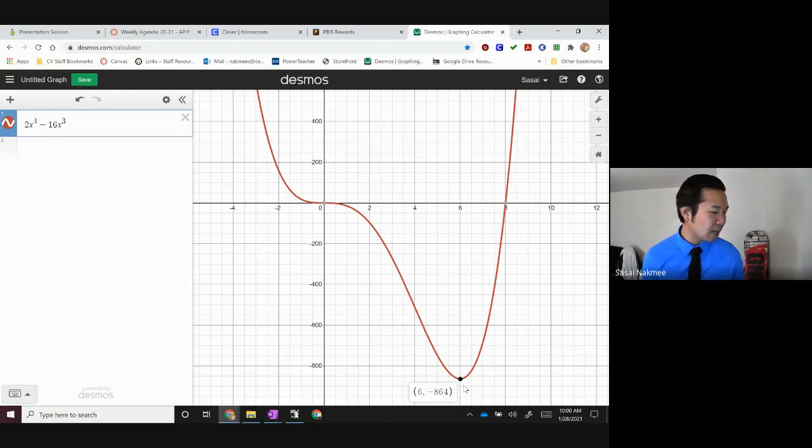Most problems will just ask you to find where the function is increasing, where the function is decreasing, where the points of inflection are, where the local max or local mins are. I combined this into one ginormous problem because you can connect all these things together.